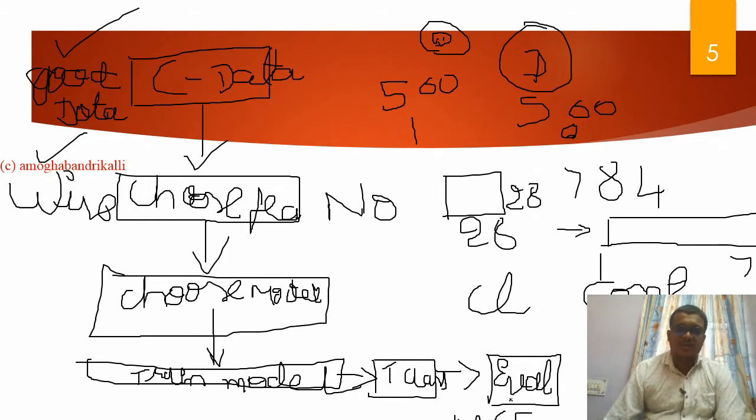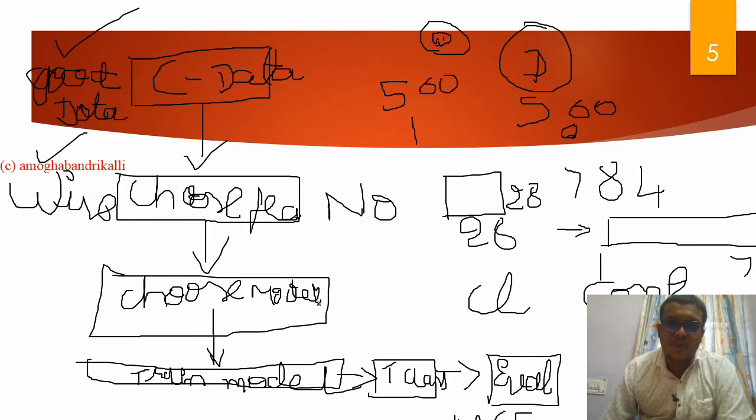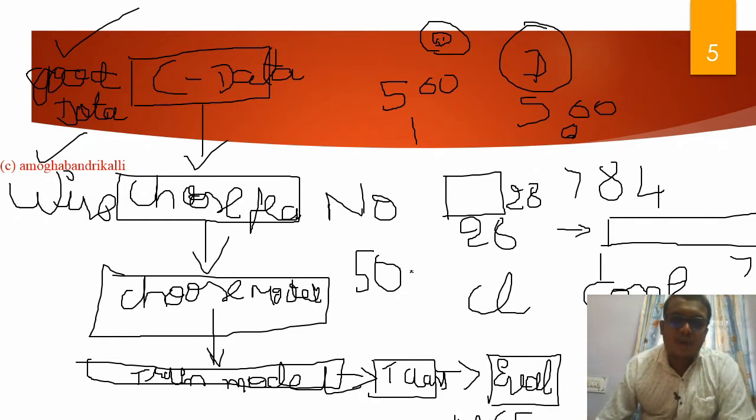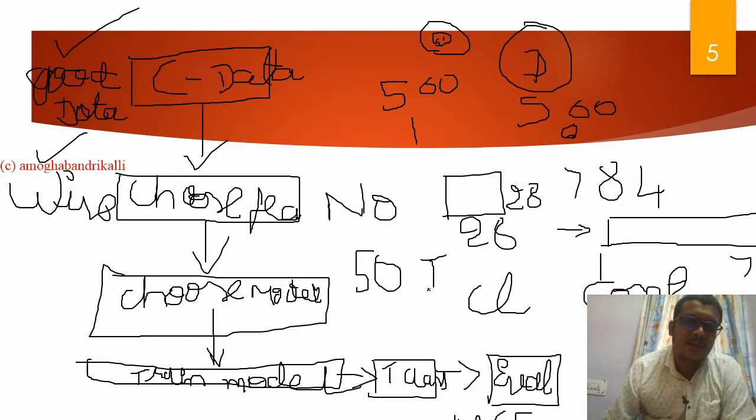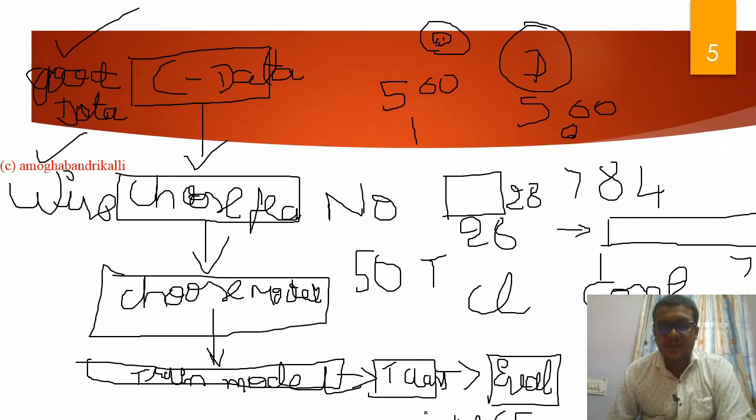Mean square error means you are going to take some 50 random images, and for those 50 random images, you calculate the mean square error. If it is saying true, the mean square error will be 0. If it is partially right, you find the mean square error accordingly.